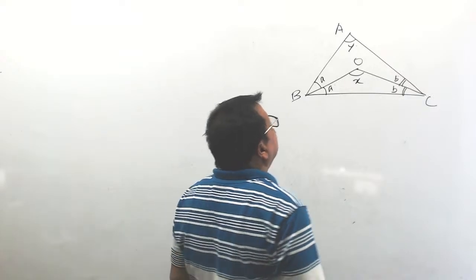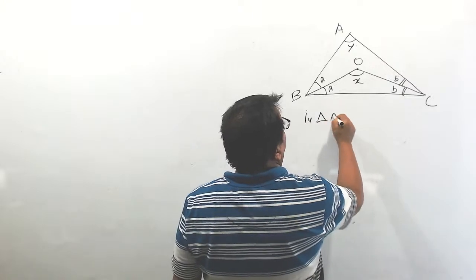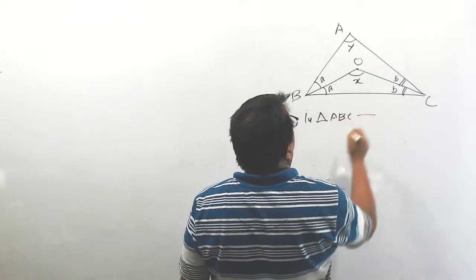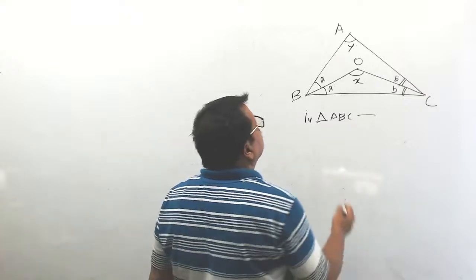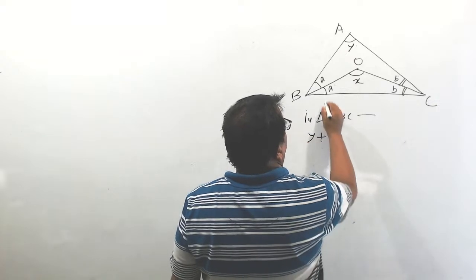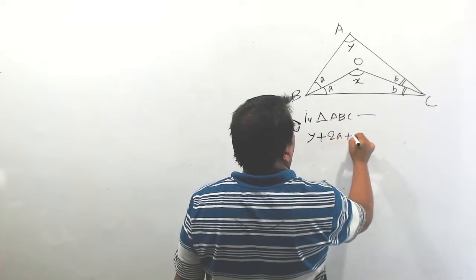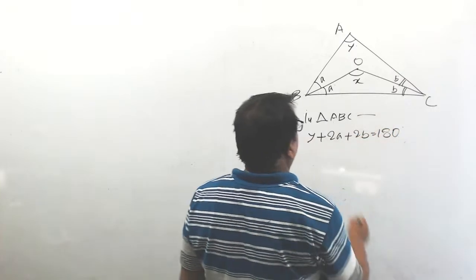Now in triangle ABC, what can you write? Sum of 3 angles is equal to 180 degrees, right? That is y plus 2a plus 2b is equal to 180. Understood?